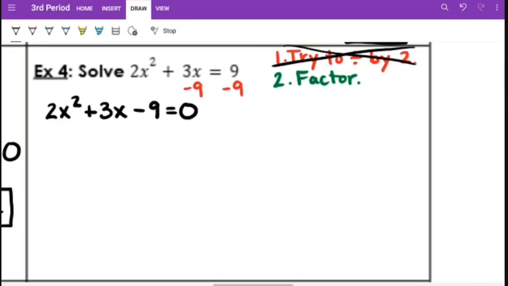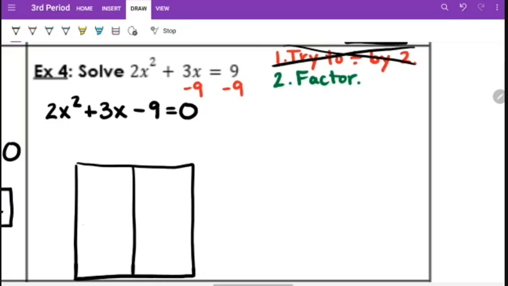So we're going to have to set up our generic rectangle and factor this just like any other problem, with the exception that having a 2x squared in the top left box is going to complicate things a little bit. So put your 2x squared in the top left, your negative 9 in the bottom right.